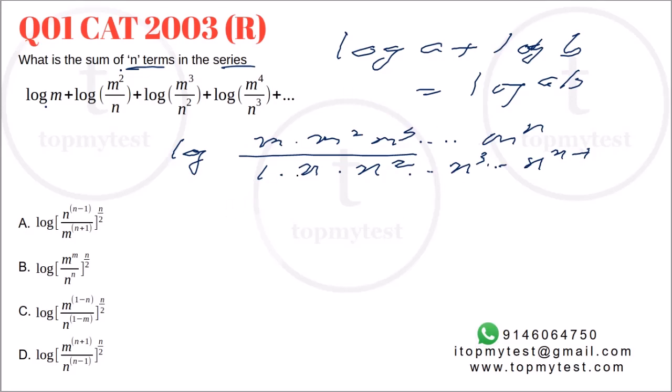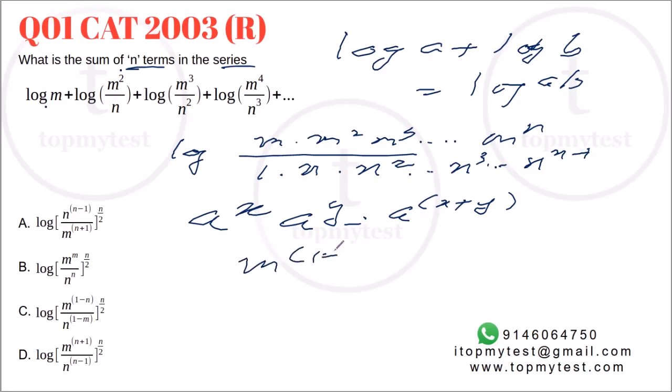The second concept that we need to use here is a to the power x into a to the power y equals a to the power x plus y. You can add the indices if the base is same. So the power of m will be 1 plus 2 so on till n.